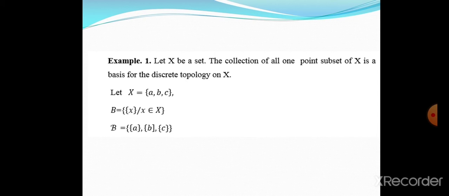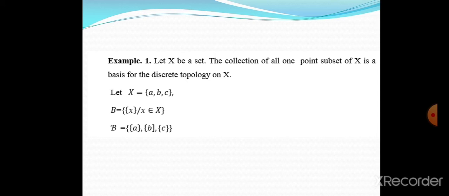Okay, next, example 1. Let X be a set. The collection of all one-point subsets of X is a basis for the discrete topology on X. Here, let capital X equal the set {a, b, c}.